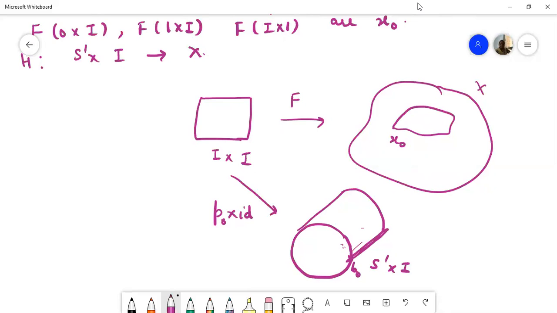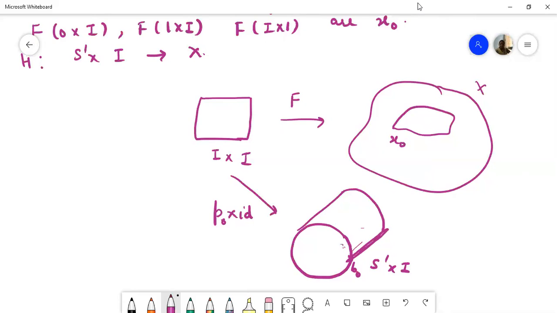So if we take any point in this S1 cross I except the points on this line, then the mapping is a homeomorphism there, so its inverse image can be taken, and the inverse image of any point lying in this cylinder will be in this square except for these two edges, and then the image of that point will be taken to X under this mapping F. And when we take a point on this line b0 cross t, on that line we will take the image as the point x0, because we know the left edge and right edge go to x0 under this capital F.